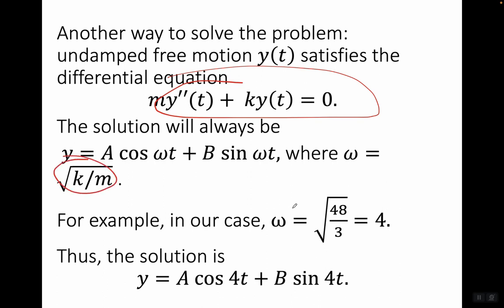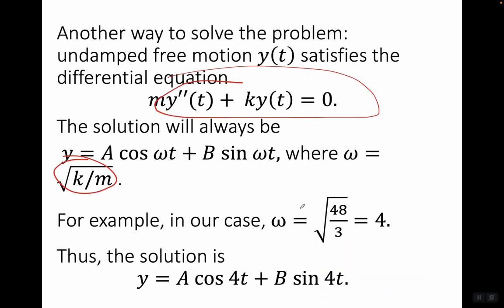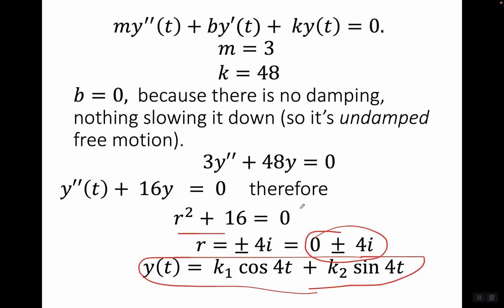I know it looks like a w, it's an omega. For example, in our case, omega is the square root of 48 over 3, it's k over m, which is the square root of 16, which is 4. And thus the solution is a cosine 4t plus b sine 4t. So a slightly quicker way to obtain the same result. Here I've got a and b, there I had k1 and k2. Same difference.